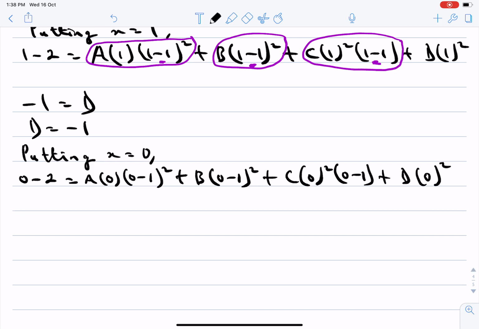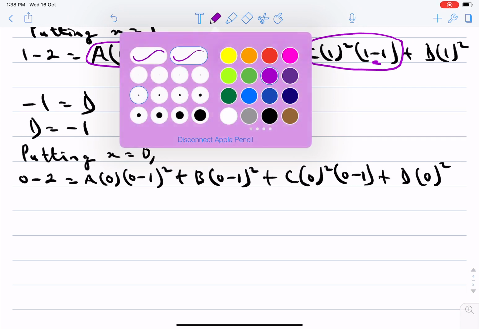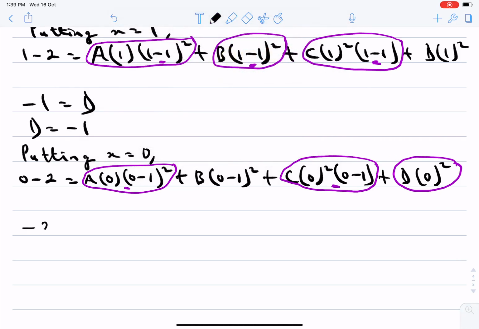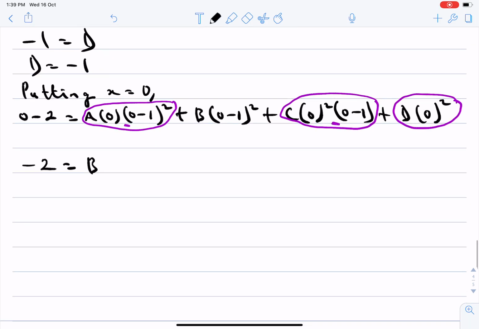And what does that give us? Let's see. 0 times a times 0 is 0. That means the whole of this is 0. c times 0 is 0. That means the whole of this is 0. And the whole of this is also 0. So we are left with minus 2 on the left hand side equals b. 0 minus 1 is minus 1. Minus 1 squared is 1 times b, which means b equals minus 2.